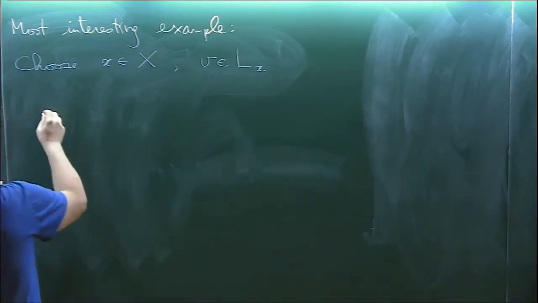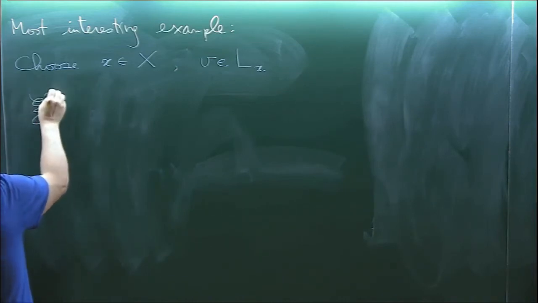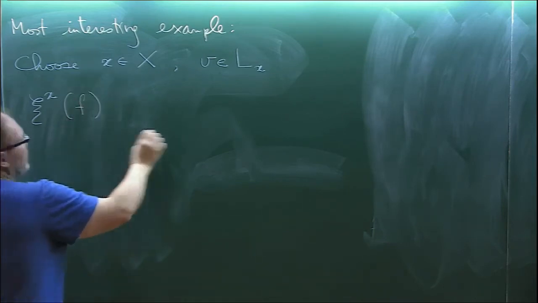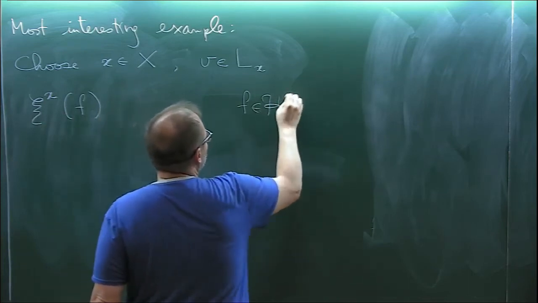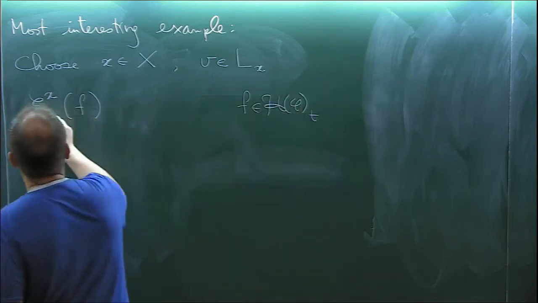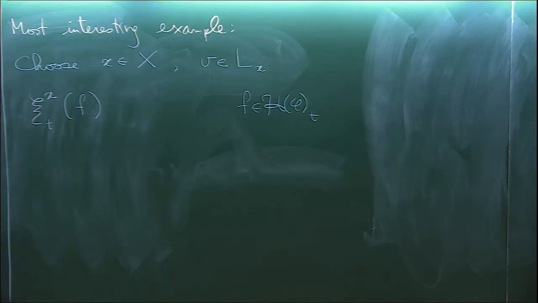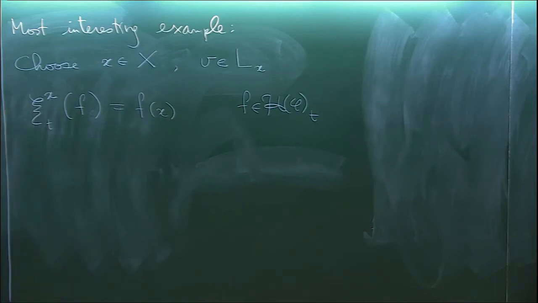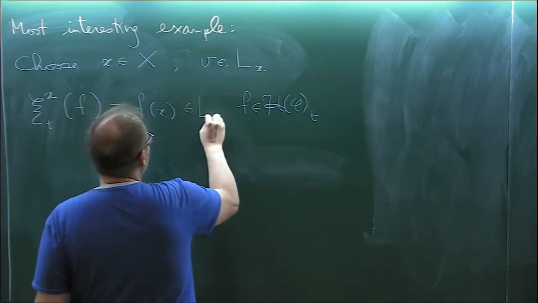So what I'm going to do is now define, first of all, this map C superscript X. So this is meant to be a linear functional on the fibers, a family of linear functionals on the fibers of this bundle, right? So I have to tell you what it does to a section F in H phi sub T. And what it does is it just evaluates F at X.